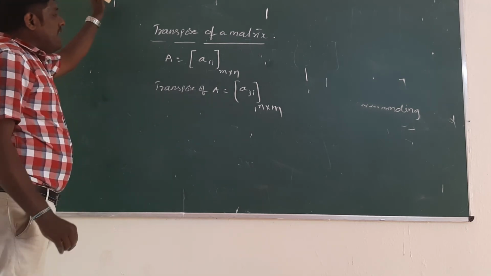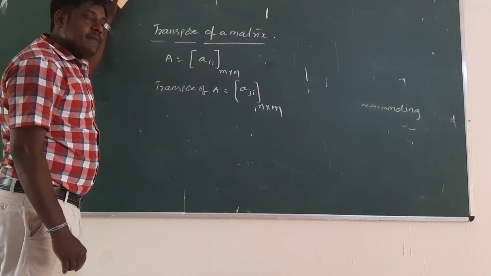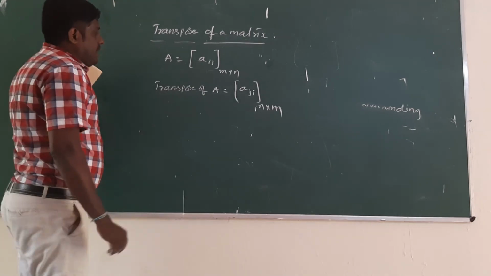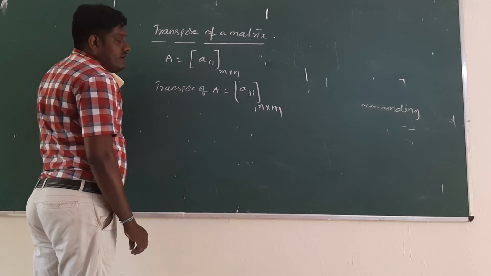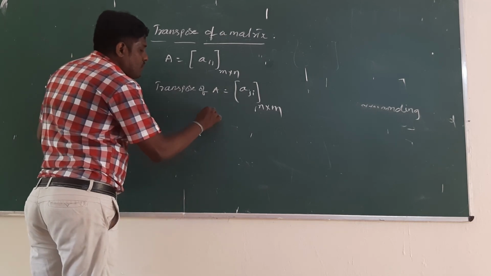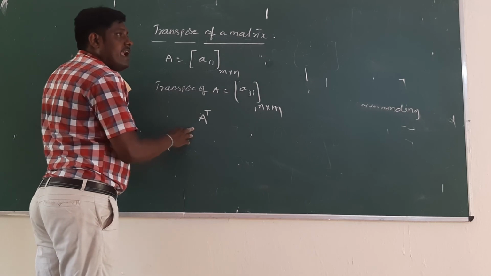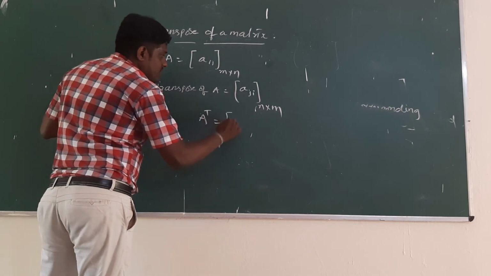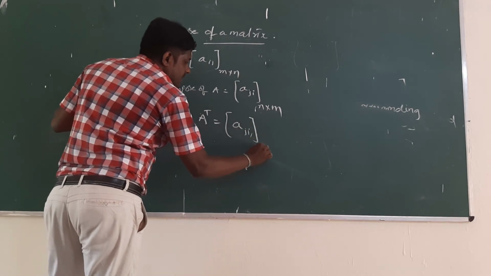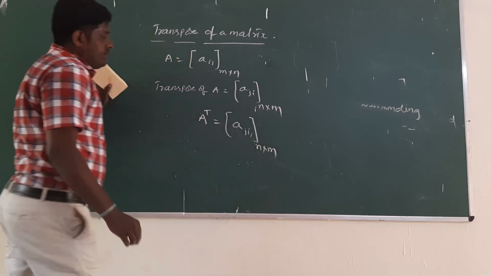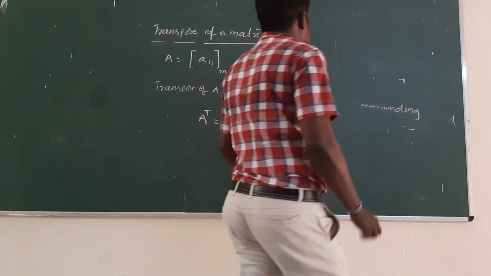This is called the transpose of A. Generally, the transpose of A is denoted by A transpose, A power T. A transpose is equal to [aji], or it is of order n by m. So this is about the transpose of a matrix.